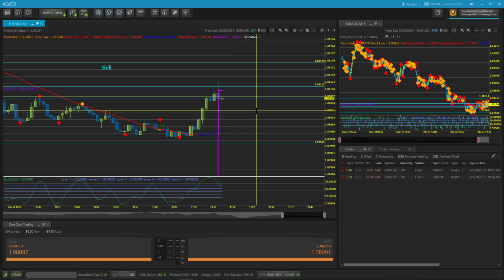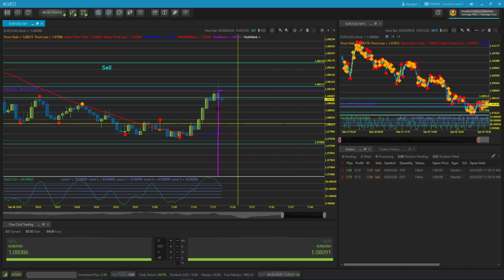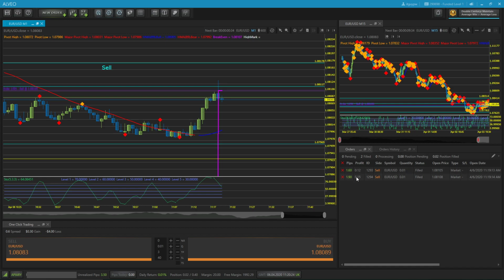The premise of that is that pink line will follow the break-even point for all the trades in my setup. So if I have multiple trades on, it'll tell me where the price has to get to just to break even. So right now we're below that line and we have positive positions.